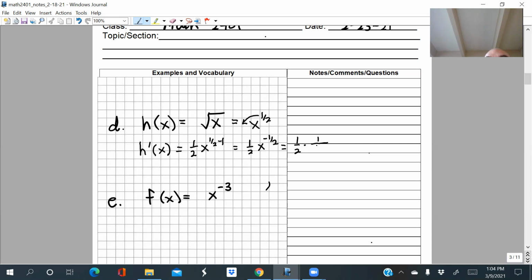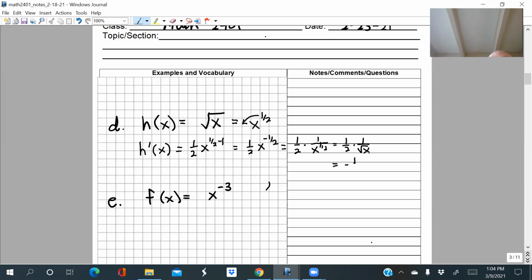So x to the minus 1/2 is 1 over x to the 1/2, correct? Negative exponent means take the reciprocal. I didn't write that very well, but that's in the denominator there. And now remember, x to the 1/2 is square root, right? So you have 1/2 times 1 over square root of x.